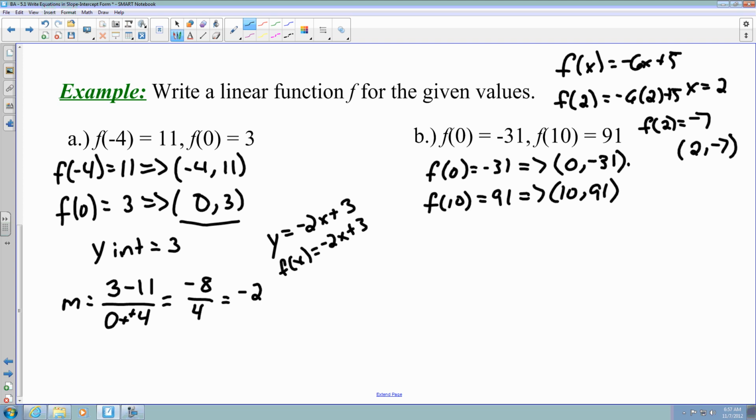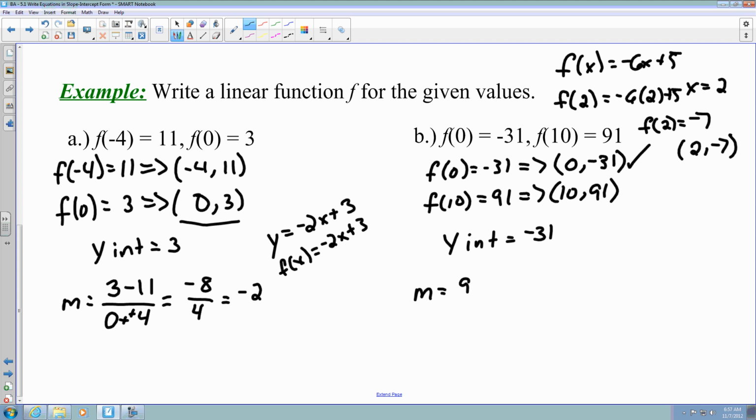So we see that this coordinate lies on the y-axis, so we know that the y-intercept equals negative 31, and now we just have to use our slope equation to determine the slope.